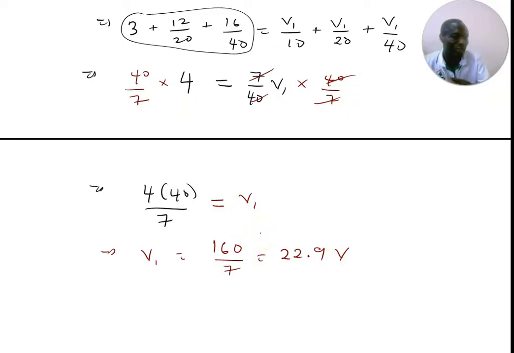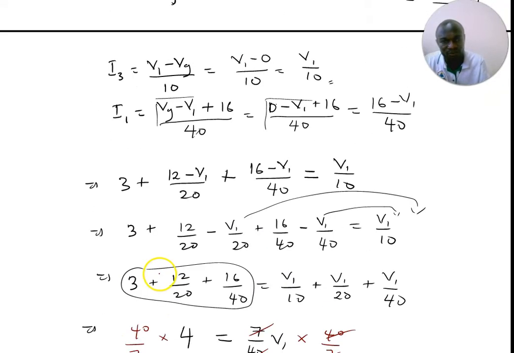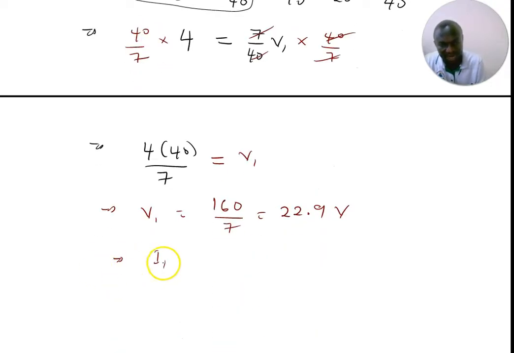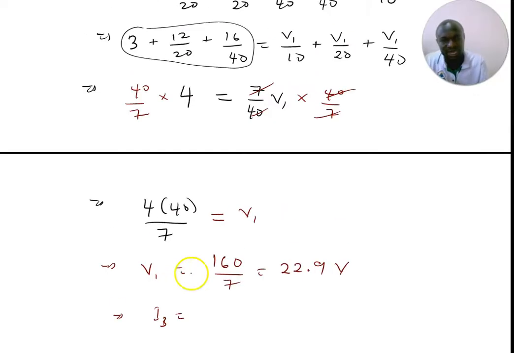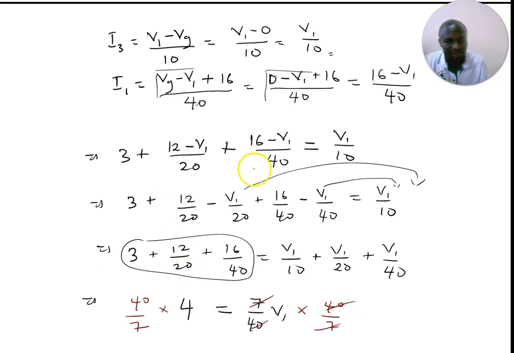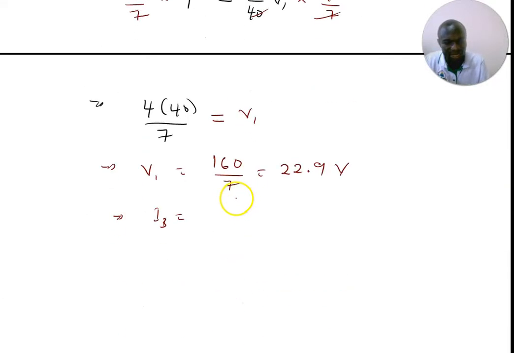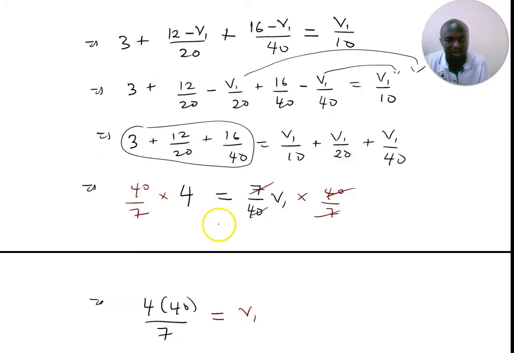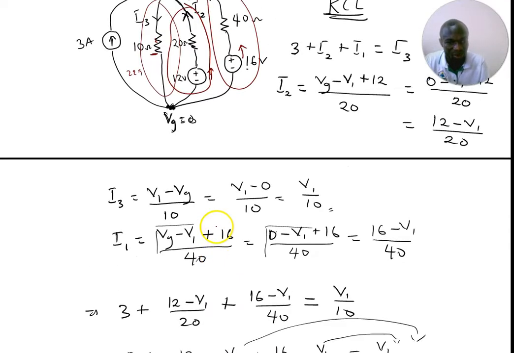That one is more like pathology, right? Let's do it and see. I want to find the I1, right? The current that is flowing through that path. I3, right? So to find I3, what was the value for I3? I3 was given as V1 on 10. You get it? So I will get V1 on 10 as I3. That was the value that we had when we substituted.